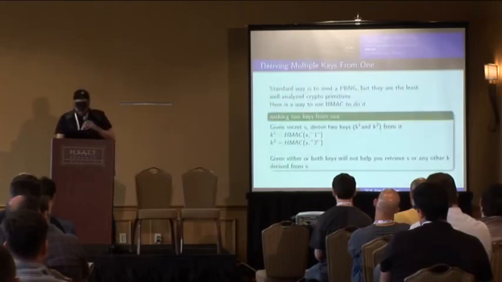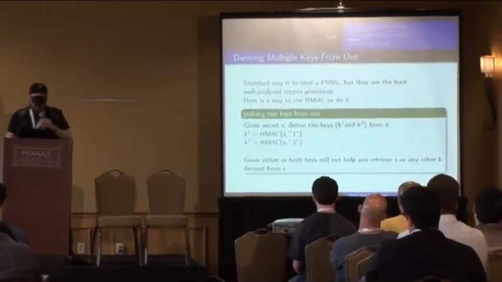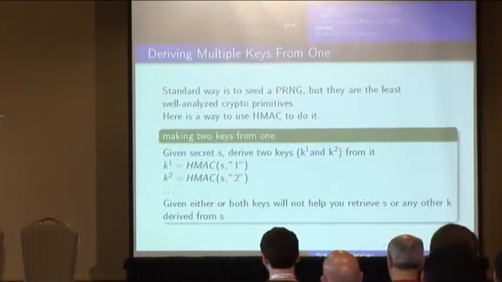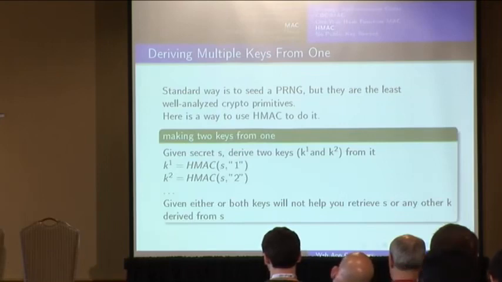All right. So another thing you can do is derive multiple keys from one key. You could seed a computationally strong pseudorandom number generator, but you can also use HMAC to do this. So if you're stuck in some situation where you've agreed on one key and you need two keys, maybe one for authentication, one for encryption, you can actually derive them securely by just HMACing using that key S, and HMACing two strings, let's just say 1 and 2, to get your two different keys.